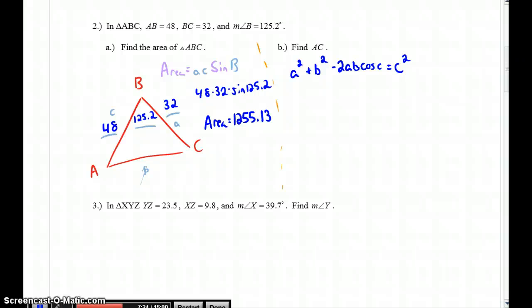In this case, we'll say this is 48 squared plus 32 squared minus 2 times 48 times 32 times cosine of 125.2 equals C squared.